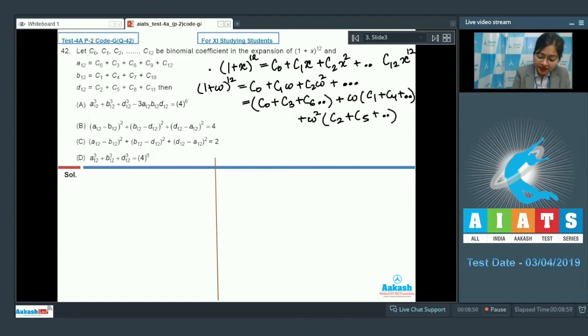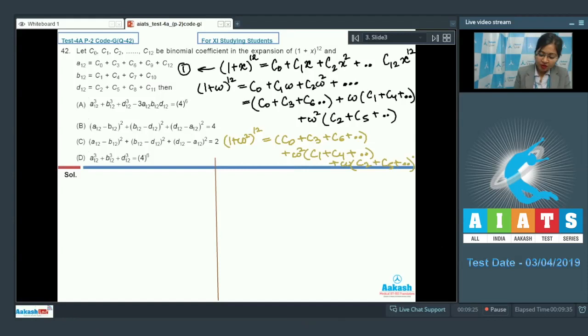Similarly, if we replace x by omega square in equation 1, then what will we get? (1 plus omega square) raised to the power 12 will be equal to, similarly, taking constants in the first bracket, that is C0 plus C3 plus C6, plus taking omega square common, we will get C1 plus C4 and so on, and taking omega common, we will get C2 plus C5 and so on, right?